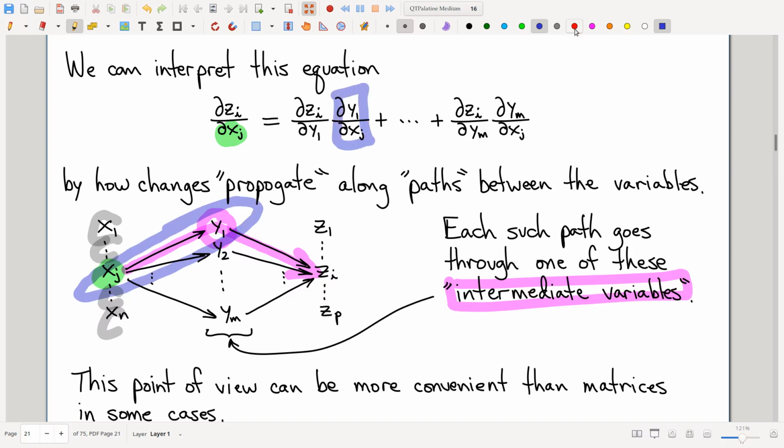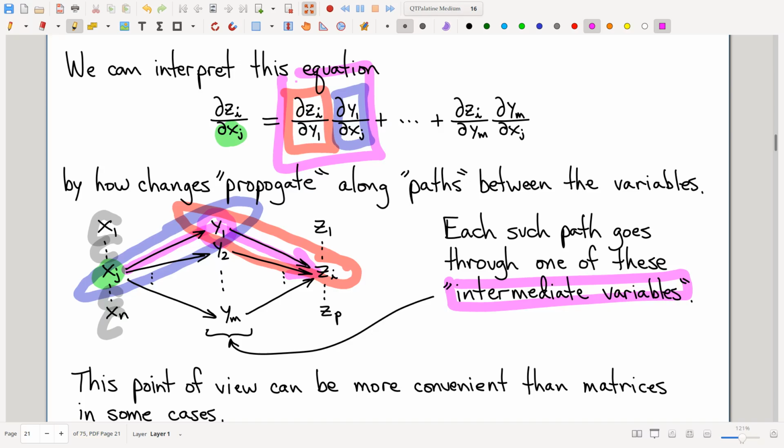The factor by which y1 changes contribute to zi changes is this factor right here. And so altogether, factors multiply. This term corresponds to that path, which corresponds to y1 as an intermediate variable.